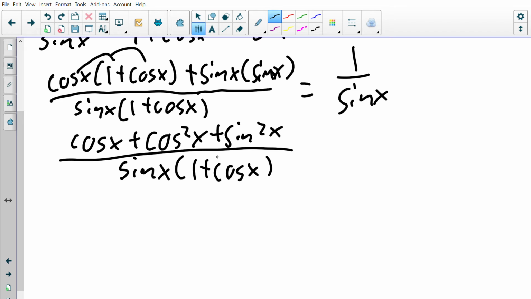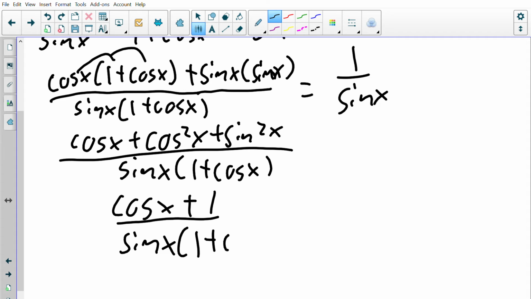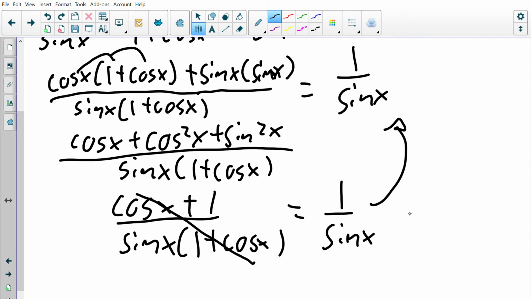Cosine squared and sine squared is the same as the number 1. And cosine plus 1 and 1 plus cosine are the same, so those cancel, and I'm left with 1 over sine x, which is what we wanted to find. So this is true.